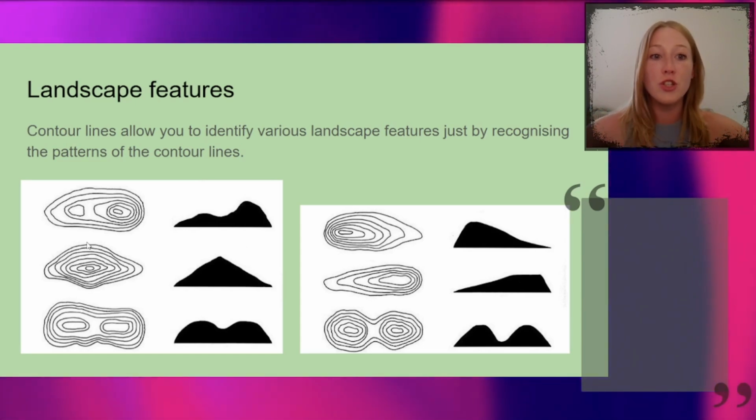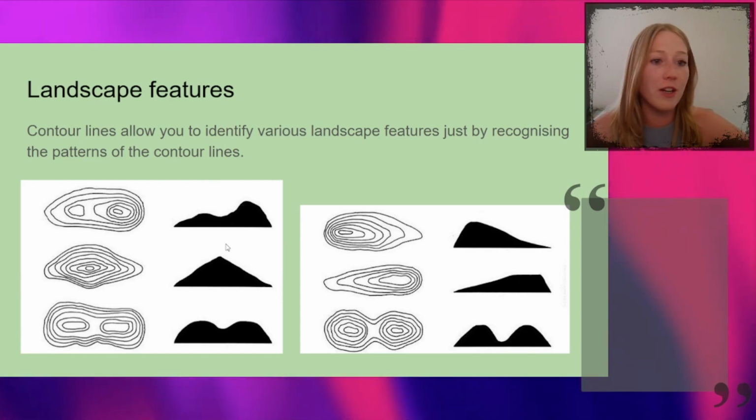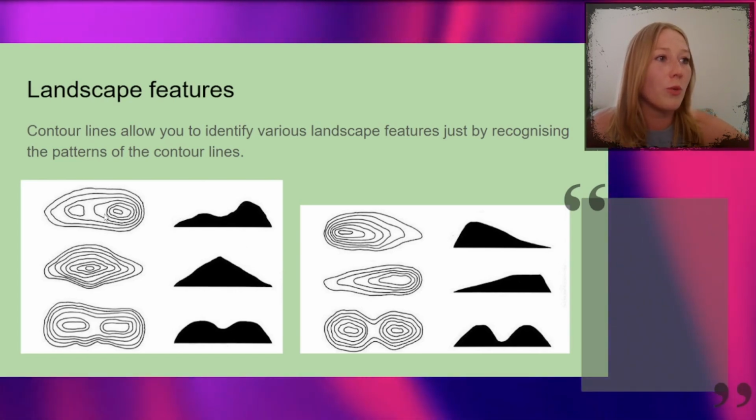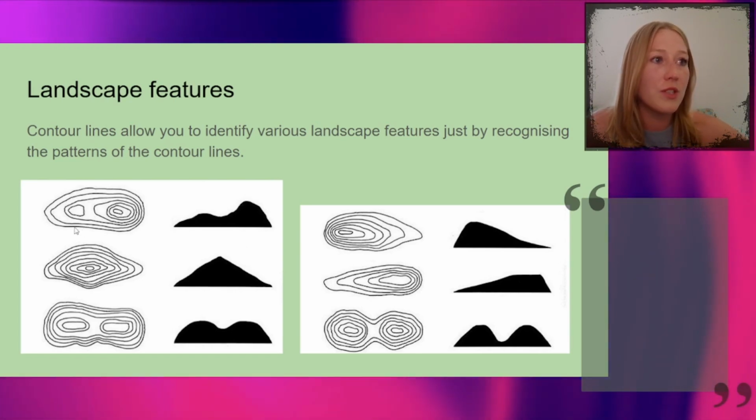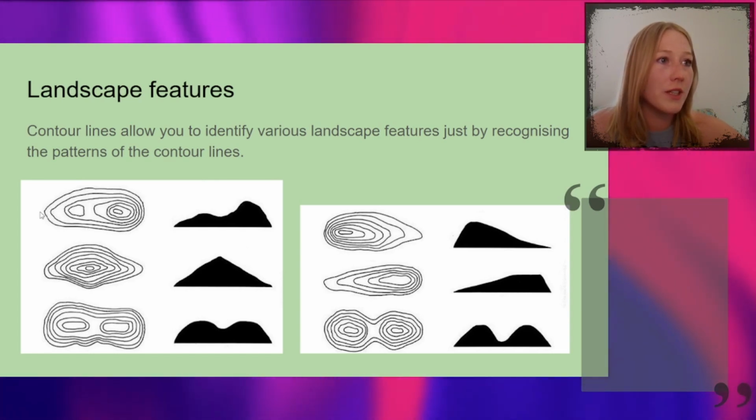Contour lines can show us the shape of a hill or a mountain or a valley. And hopefully after the Minecraft demo version, we can see how this is shaped. We can see that this is all one height over here.